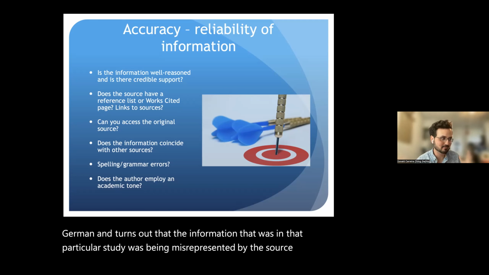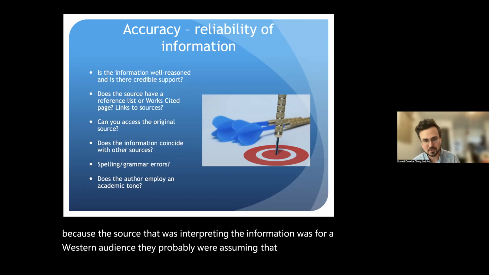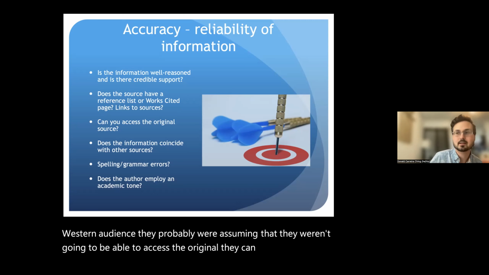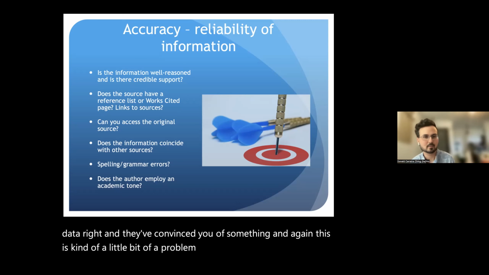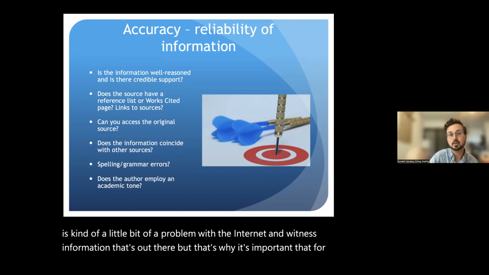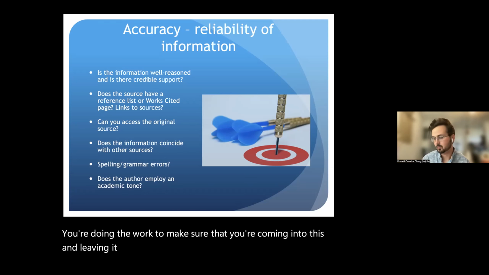Because the source interpreting the information was for a Western audience, they probably assumed that people wouldn't be able to access the original. They can misrepresent the data, right? And they've convinced you of something. Again, this is a bit of a problem with the internet and with misinformation that's out there. But that's why it's important that you do the work to make sure you're coming into this and leaving it with a more well-rounded, well-reasoned sense of this particular issue.